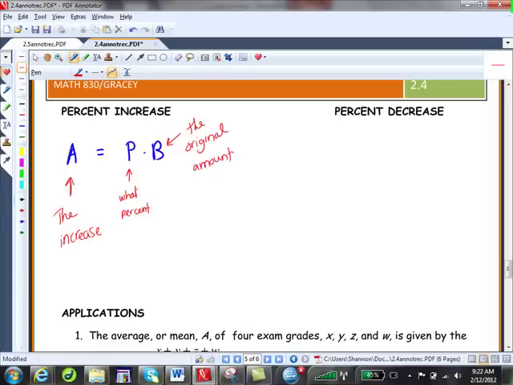All right, percent decrease, again, you have A equals P times B, but in this case, this is the decrease. Again, what percent? And B is the original amount.